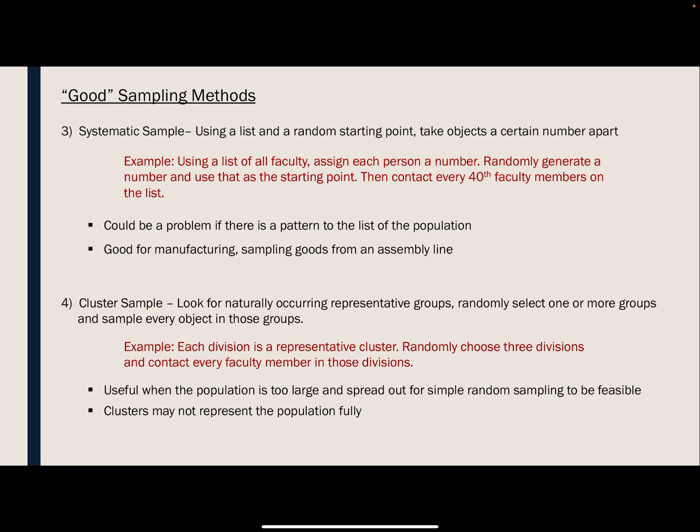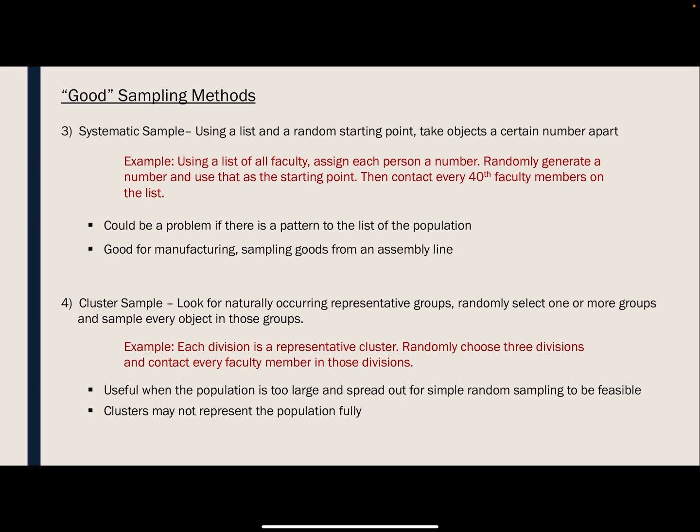Another type of sampling method that we have that uses randomness is called a systematic sample. It's a little bit similar to a simple random sample, where we still have this long list of the population and we've assigned numbers to this list.